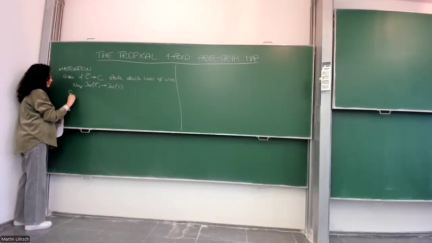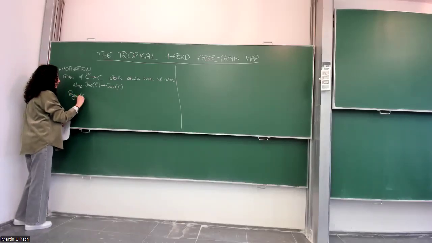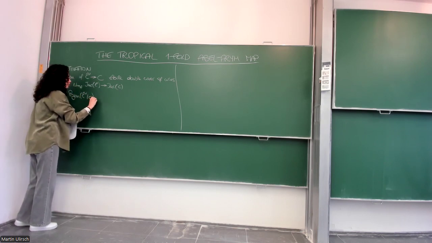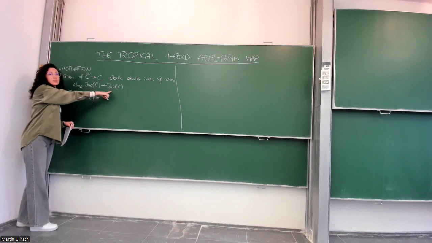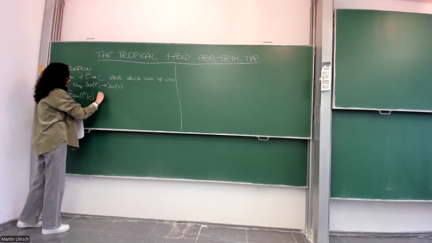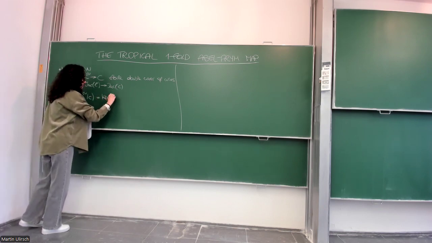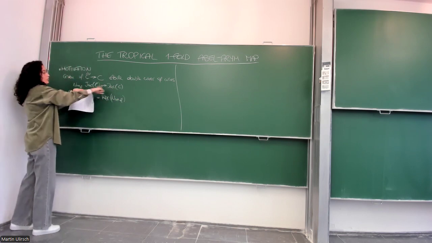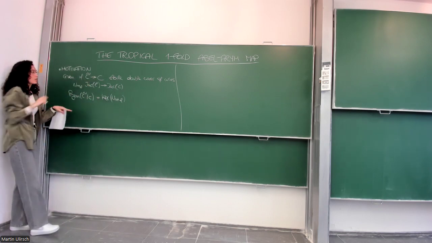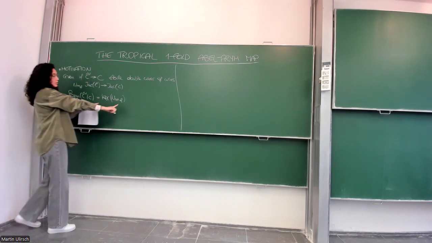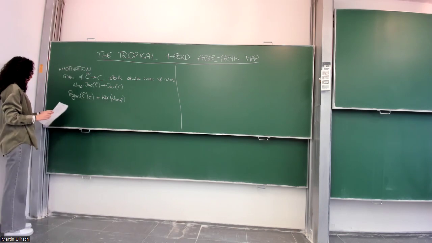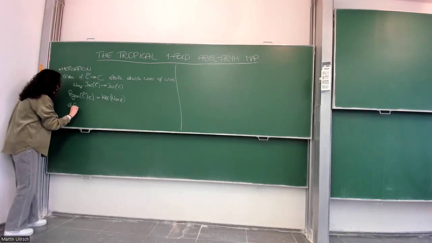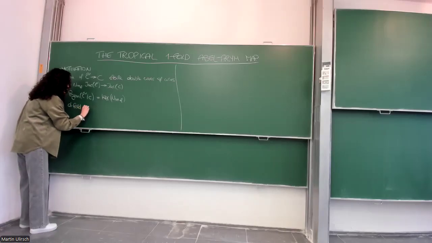And we define the Prym variety associated to this étale double cover to be the kernel of this map. So here we just push forward the divisors under the étale double cover, and we define the Prym as the kernel of the map. And we define the Abel-Prym.